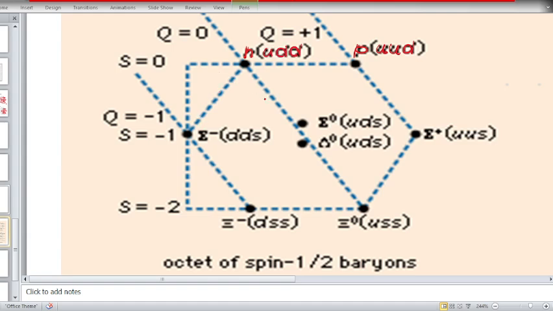Similarly, you can see this for all the baryons with half spin, which is nothing but the octet representation that we have already discussed earlier. Each of those baryons will have different quarks, and they will have three quarks. For all the baryons, there will be three quarks. If you consider antibaryons, then there will be antiquarks.